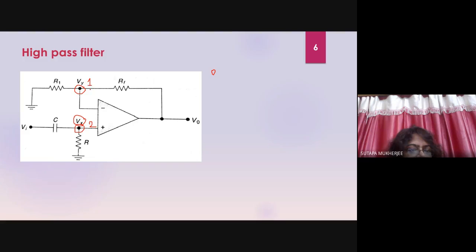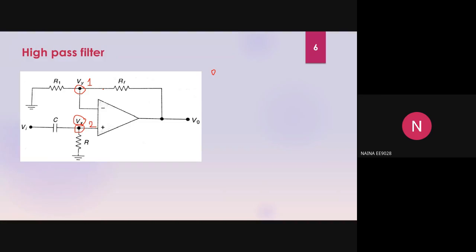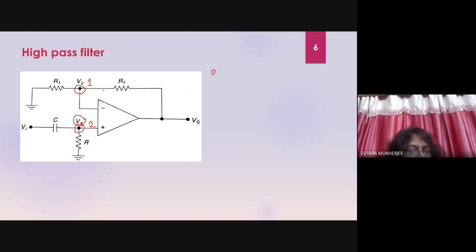You have determined Vy, you have determined Vx. Both you have calculated. Yes, ma'am. Then ultimately what are you getting? Ma'am, Vx I am getting as R by R plus Xc into Vi, and Vy as V0 R1 by R1 plus Rf. What is Vx? Vx equal to what?